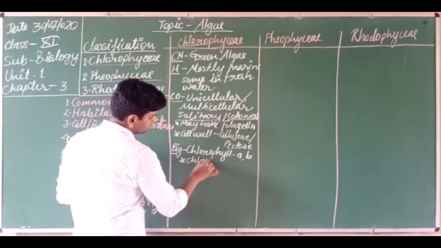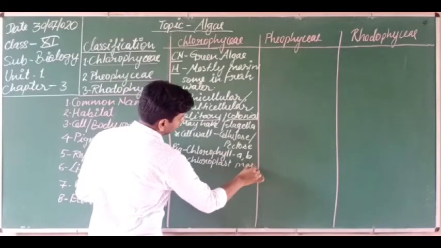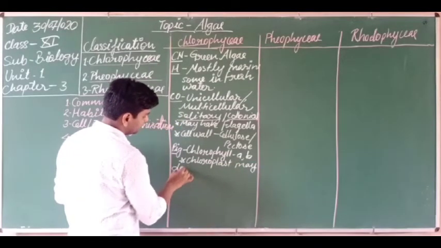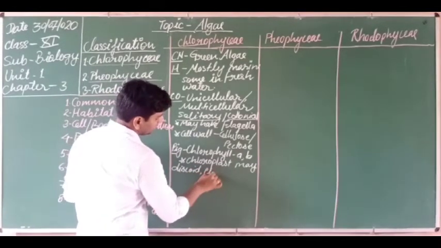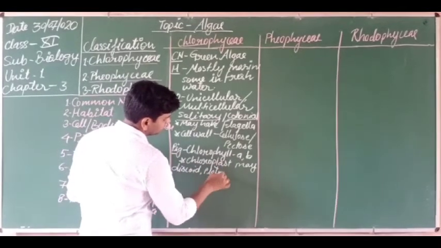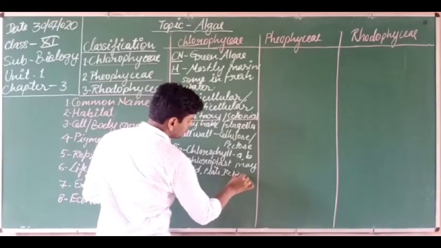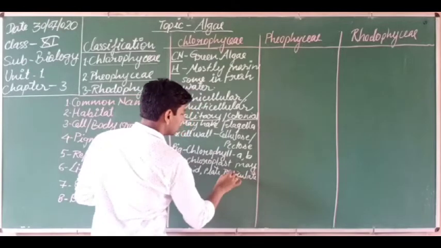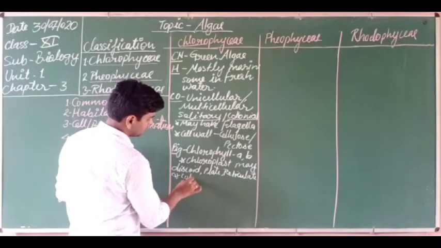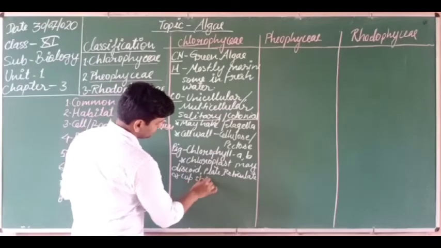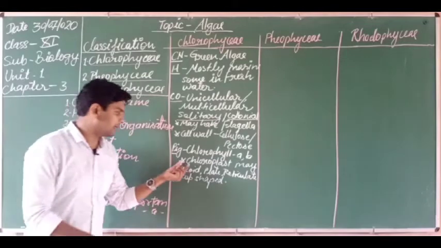Chloroplast may be discoid, plate like and reticulate, or cup shaped. So this is a very important term, students.